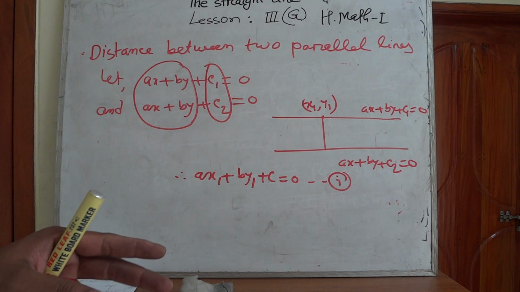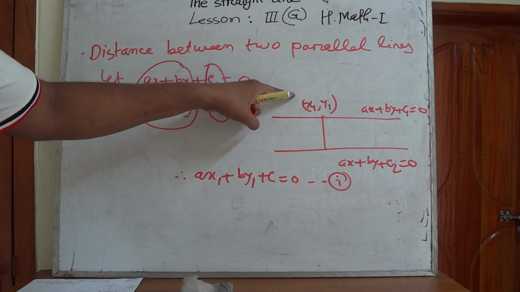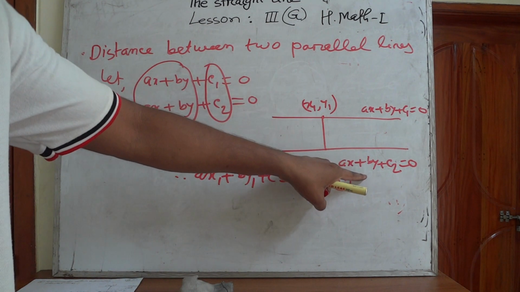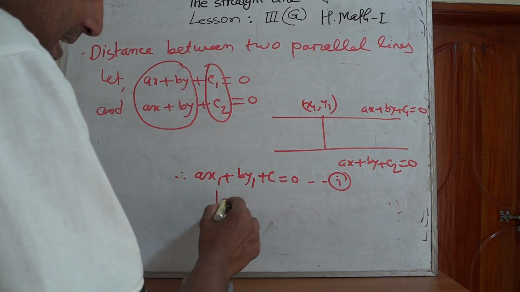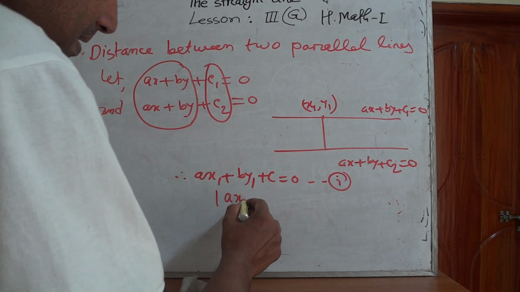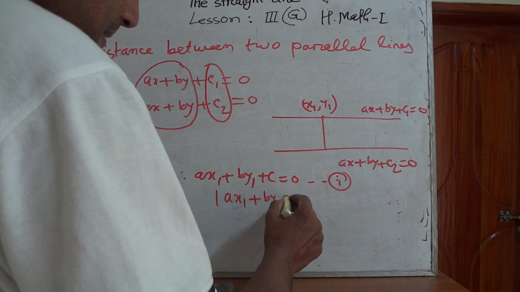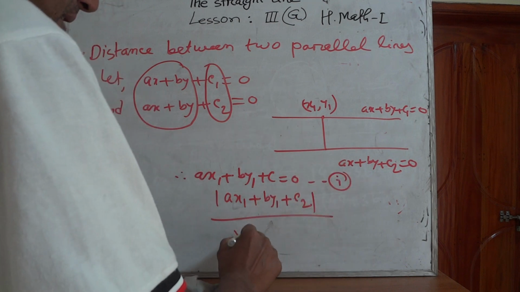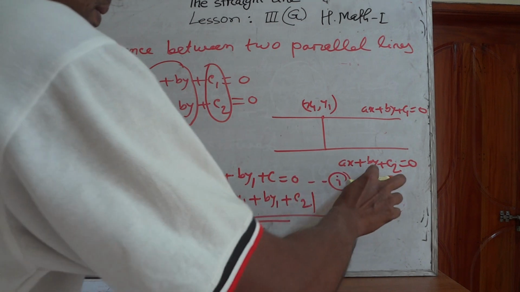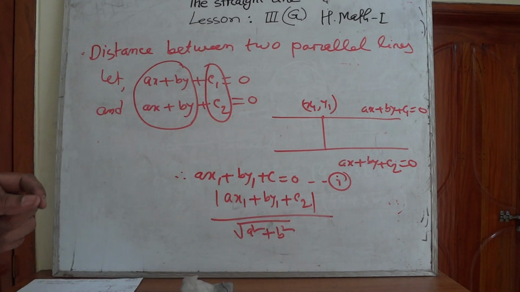We have already discussed a formula for the distance from a point to a given line: the absolute value of ax1 plus by1 plus c2 divided by the square root of coefficient of x whole square plus coefficient of y whole square.